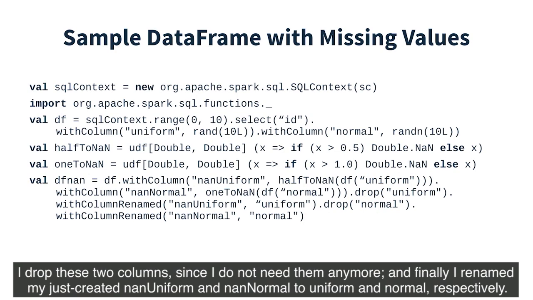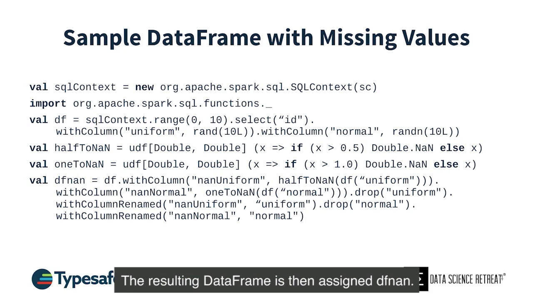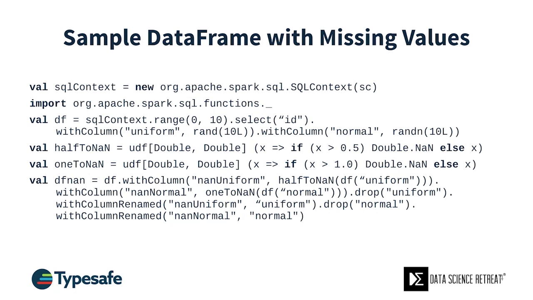I drop these 2 columns since I do not need them anymore, and finally I rename my just created NaN uniform and NaN normal to uniform and normal, respectively. The resulting data frame is then assigned dfNaN.